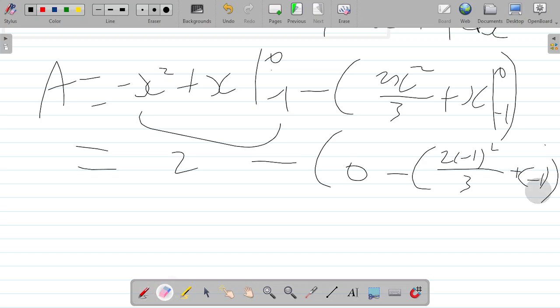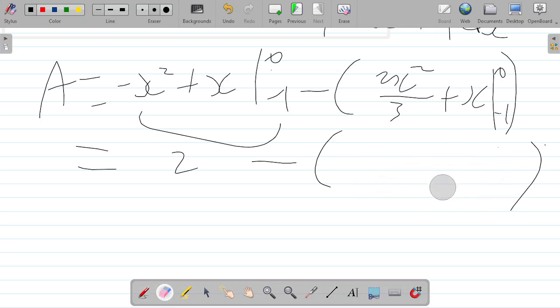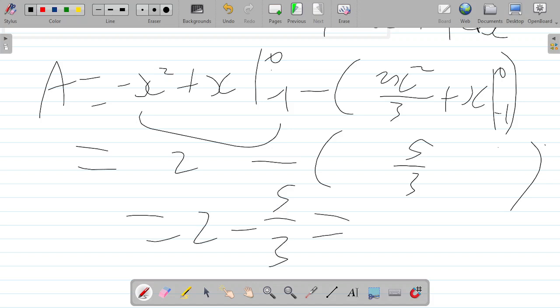Oh, wait. I can put square as cube. So it will be negative 2 over 3 minus 1. It will be negative 5 over 3. So this is negative 5 over 3. Negative positive. So this would be 5 over 3. 2 minus 5 over 3 would be the final answer, which is 1 over 3.